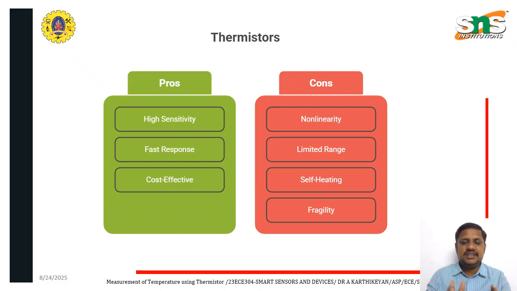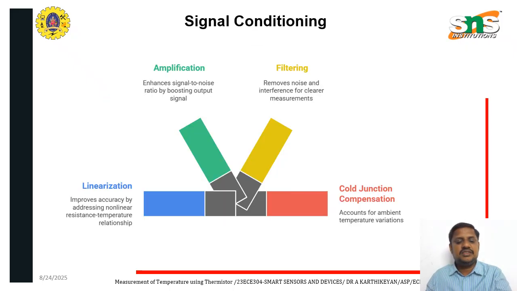That is the main disadvantage of thermistors. And also self-heating. The device, other external peripherals or atmospheric temperature may produce some self-heating. And fragility is also a disadvantage of thermistors. These are the pros and cons of thermistors.